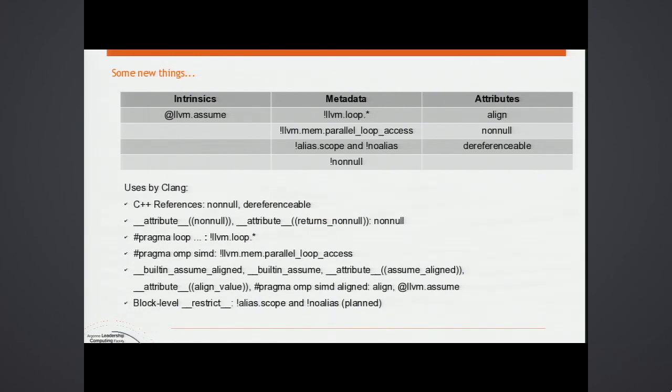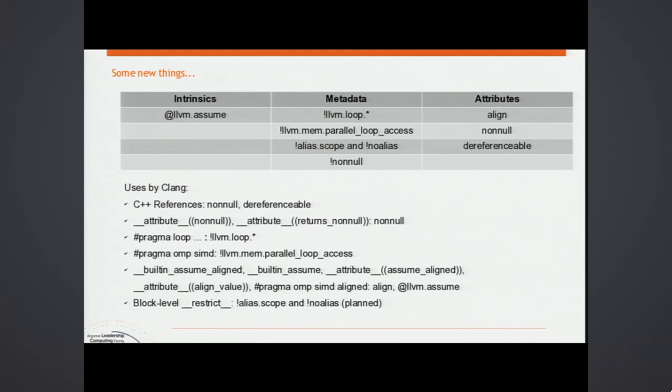We have loop metadata that provides optimizer hints, which is sort of the first box. We have loop metadata that talks about loop carry dependencies, which is the second box. We have metadata that provides additional aliasing information. I'll mention that we've had metadata that provides aliasing information for a very long time, because the type-based aliasing information, TBAA, has always been metadata.